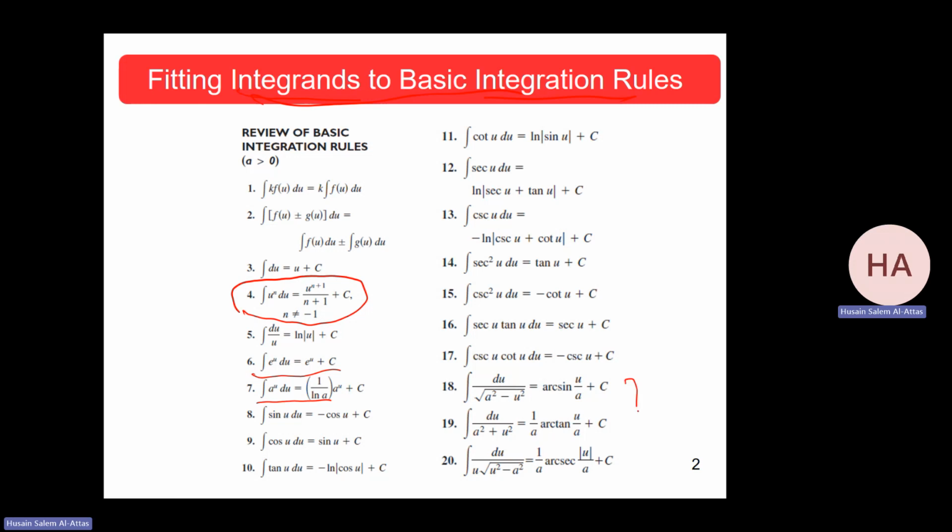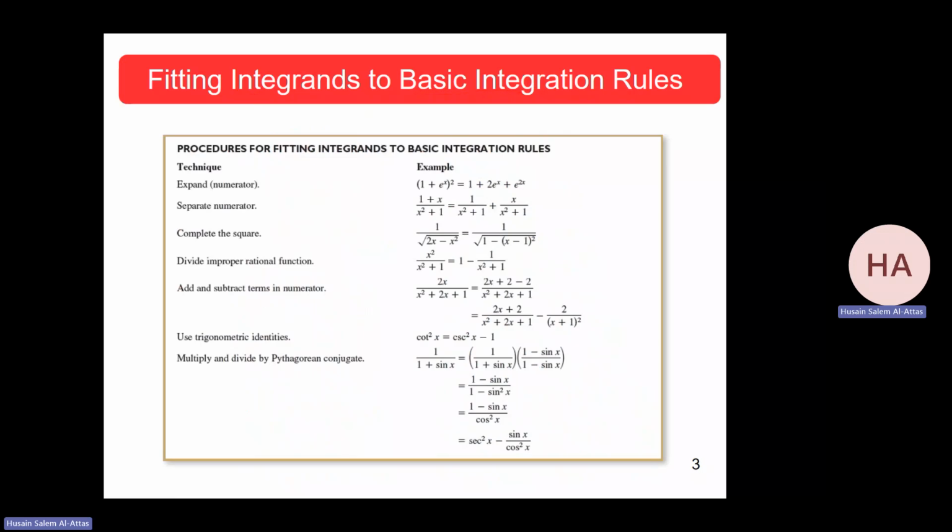And we have these three, which we did, I think, in 5.7 or 5.8, with the sine inverse, tan inverse and secant inverse. You need to ensure that you know these formulas, and these are the procedures for fitting the integrands.